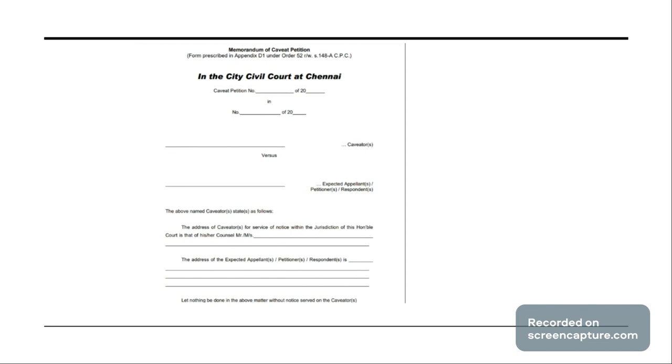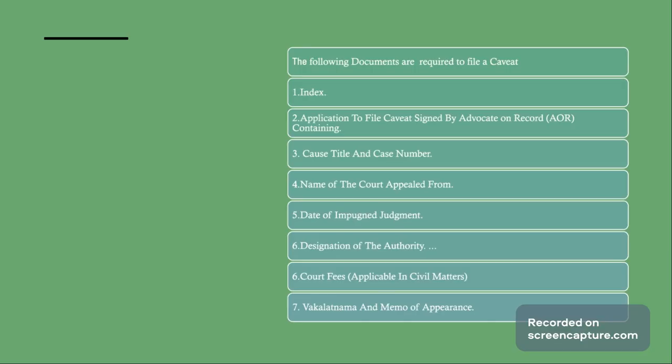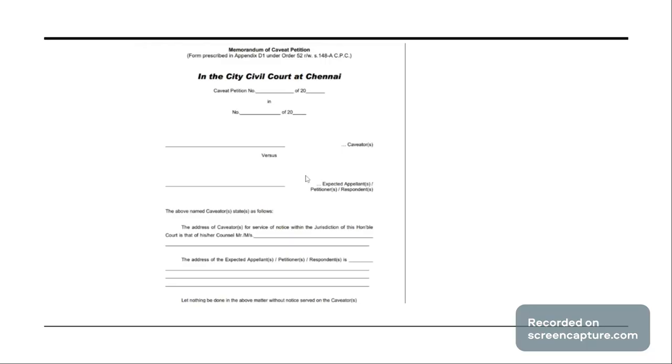Here you can see, as mentioned, index, AOR, case number, caveat petition number, signature, as well as the address of the plaintiff and defendant. So it will look like a memorandum of caveat petition.